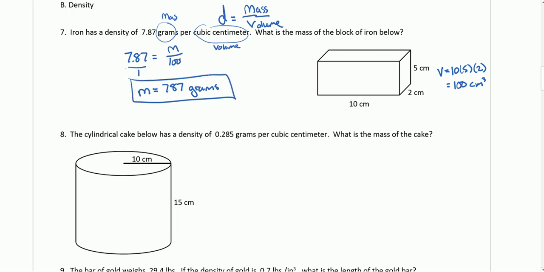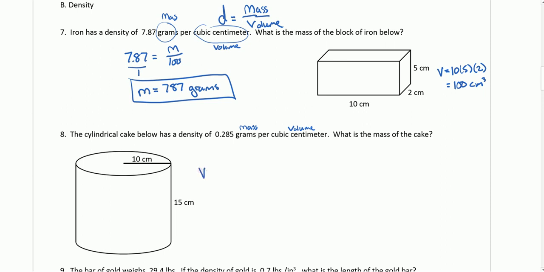Number 8, we got a cylindrical cake below that has a density of 0.285 grams per cubic centimeter. So again, we see the mass is in grams, the volume is in cubic centimeters. What's the mass of the cake?